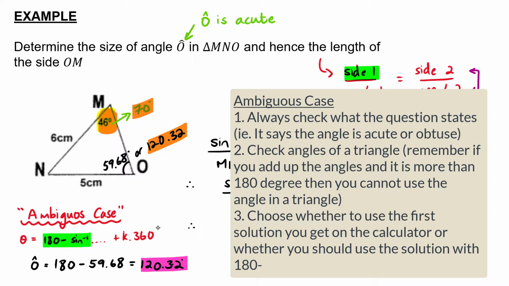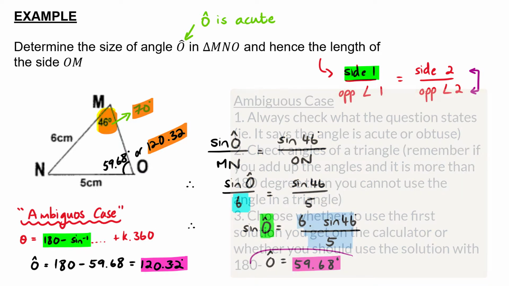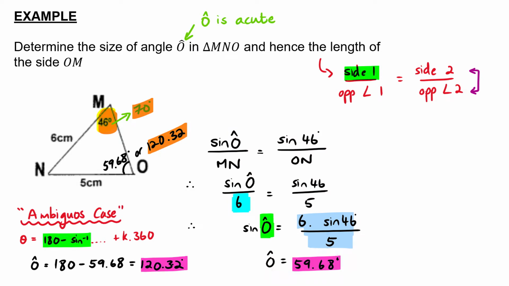You can only ever have 180. So you just need to be aware of that whenever you're dealing with the sine rule and you're solving for an angle, you will firstly solve for the normal value, but then you will also go 180 minus that value. And if they specifically say O is acute, then you will use the value that's less than 90.